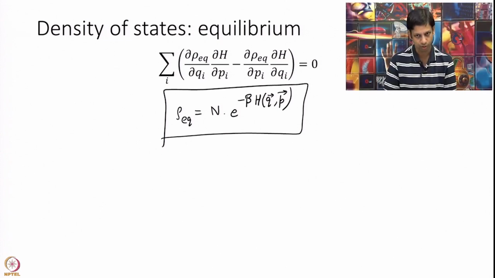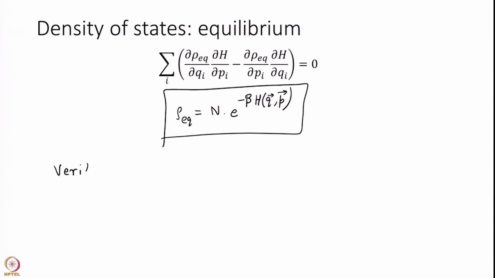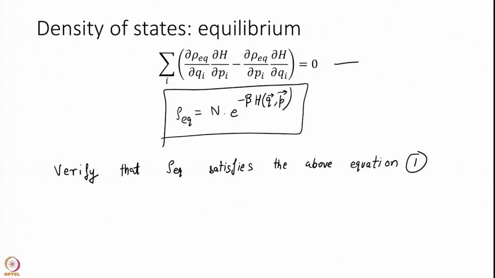This will be one of the assignment problems to verify that rho equilibrium satisfies the above equation. So, you have to substitute rho equilibrium in this above equation, take its derivative with respect to qi and pi and show that this sum over i will come out to be 0.